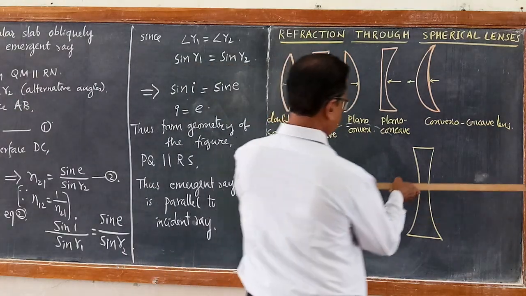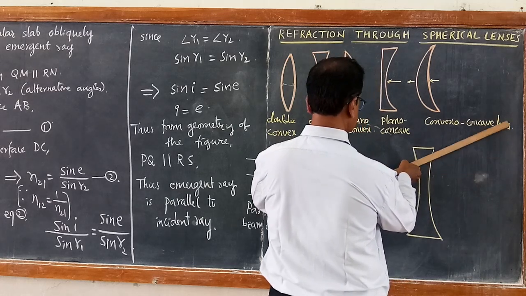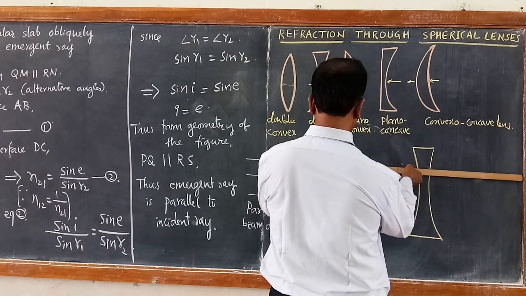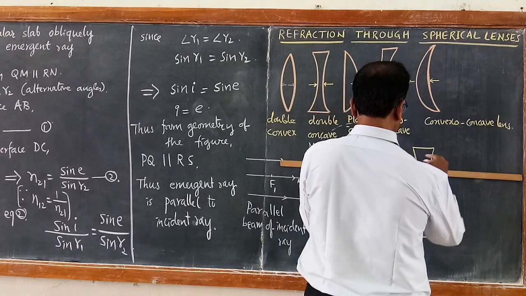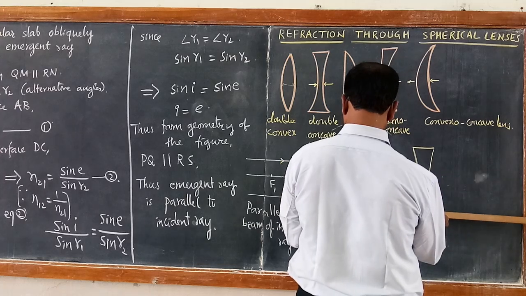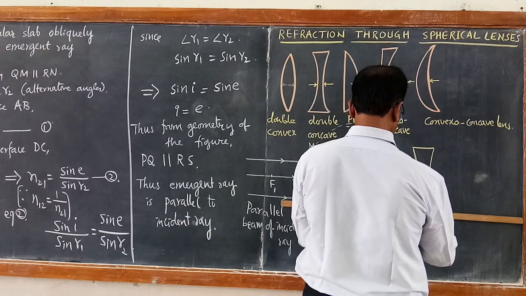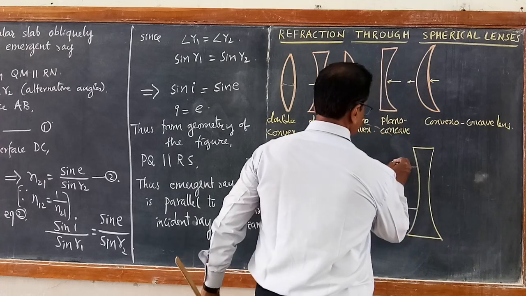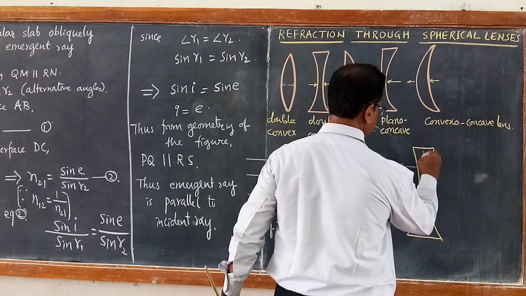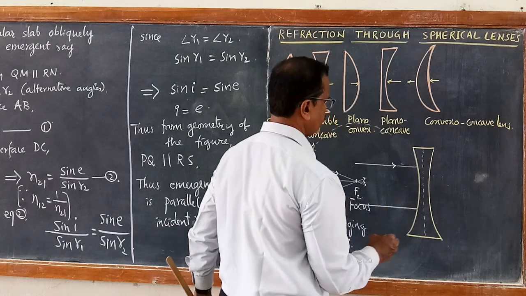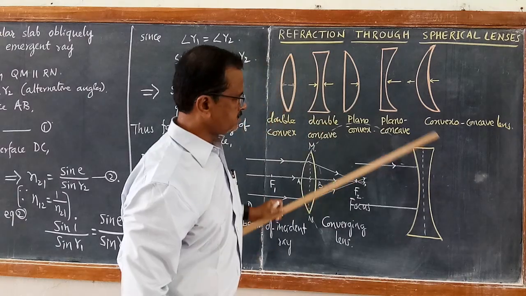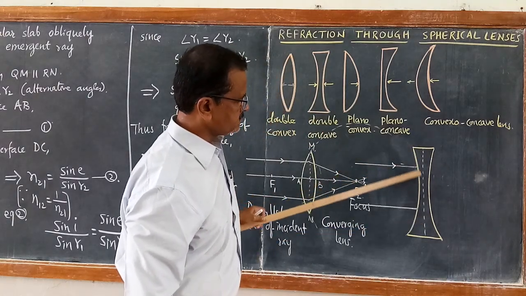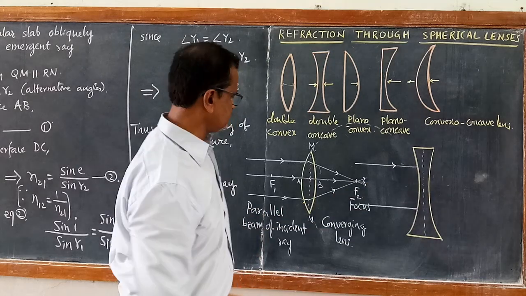Now, if you draw an incident parallel beam of light for this, since the rays are falling on concave surfaces, the one which I am drawing passing through the exact central line, this central line is called the optic axis.